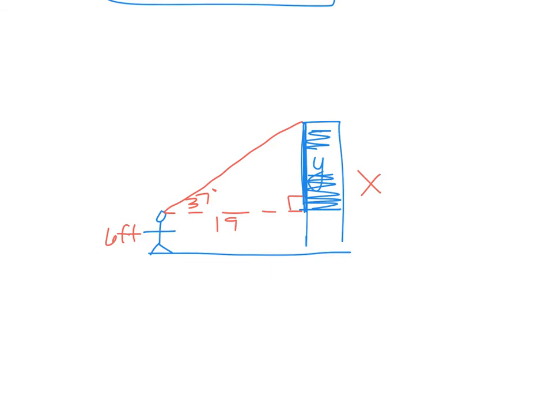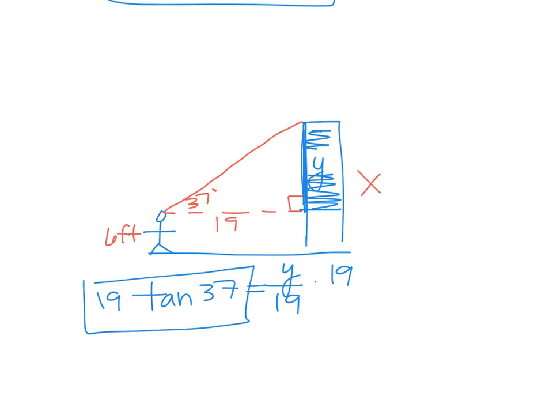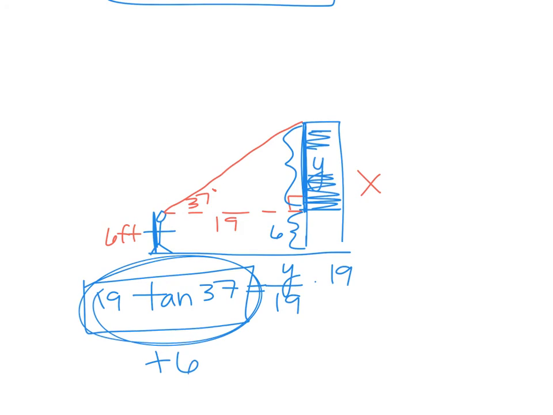So to find that, you're going to say tan 37 equals y over 19, multiply by 19. So you would plug in 19 tan 37 for this piece. But what is x in comparison to that? Plus 6, right? This piece of it is 6 feet because that's how tall he is at eye level. So whatever this came out to, you need to go plus 6 and give that as your answer. Okay?